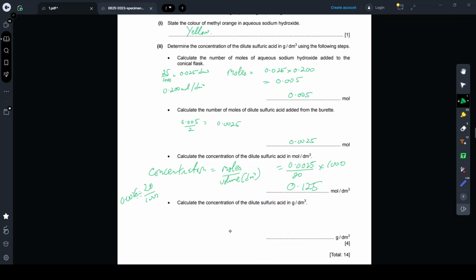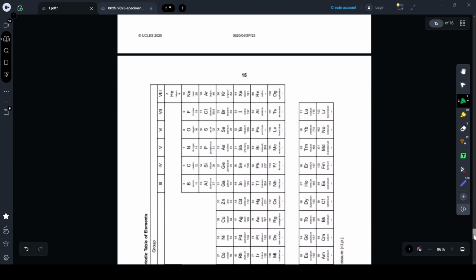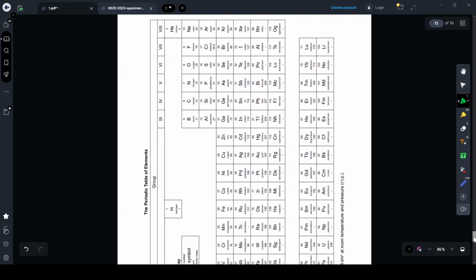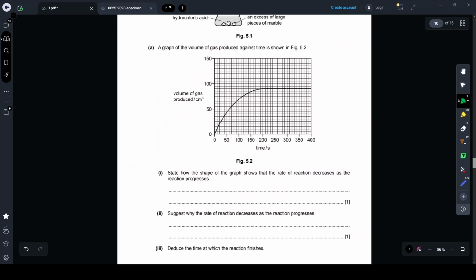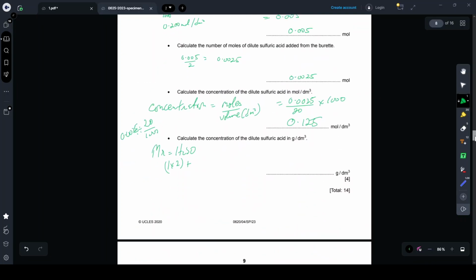Now, if you have 0.125 moles, you need the MR of H2SO4. So that's 1 into 2 plus sulfur, which is 32. Let's just check. So yeah, 32. And then 16 times 4.